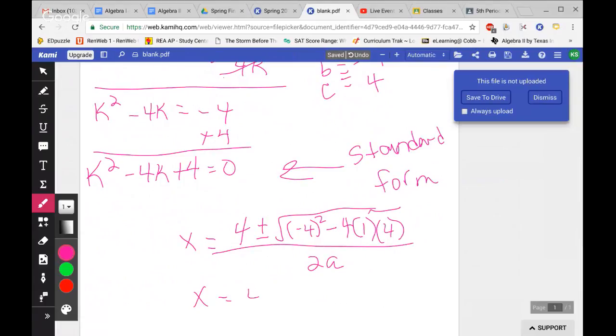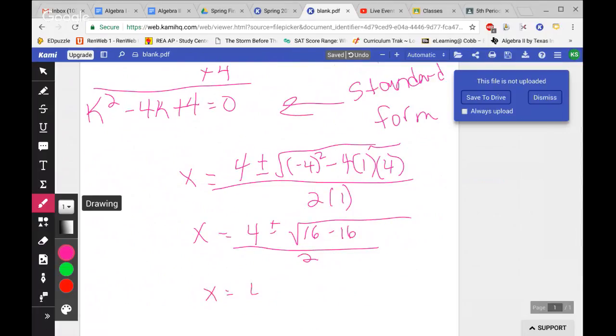Oops, this needs to be a 1 because that's what A is. So 4 plus or minus, and now we've got -4 squared, which is 16, minus 4 times 1, which is 4, and 4 times 4 is 16. So we've got 16 minus 16 there, all over 2.